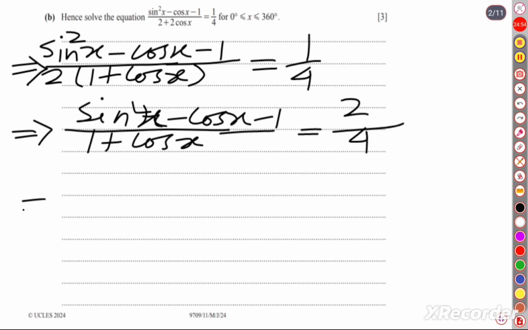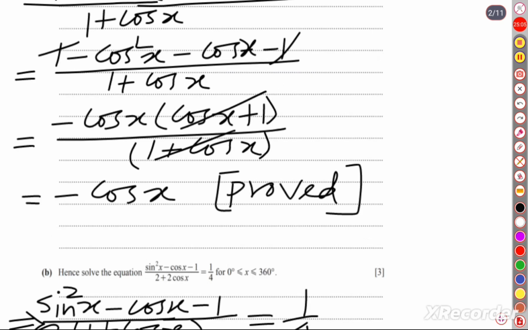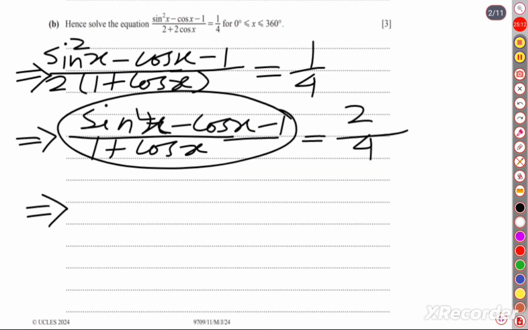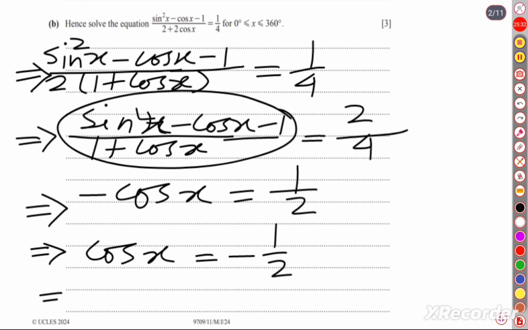From the previous question, we have already proven that this is equal to negative cos x. So it is −cos x on the left side, and on the right side it is going to be a half. If we simplify, the negative symbol is transposed to the right side, so cos x is equal to negative half, and x is equal to cos inverse.